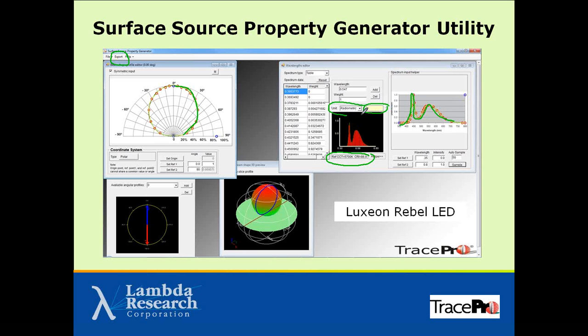This here, where it says units, can be a bit of confusion to some people. And this relates back to my earlier comment about keeping units consistent. This graph here is in radiometric terms. You're almost always going to see spectrums in radiometric terms. If you switch this over to photometric, which is the other option, that would assume that this graph now is in lumens per nanometer.